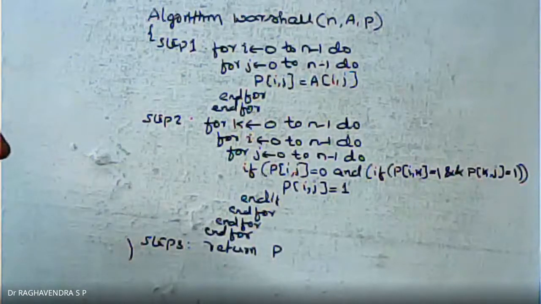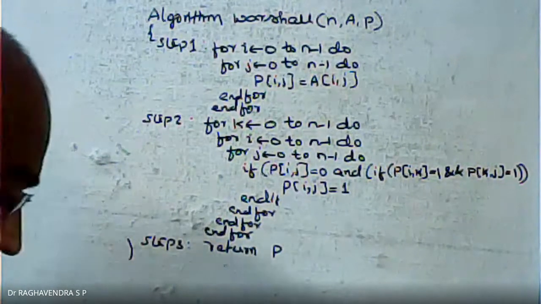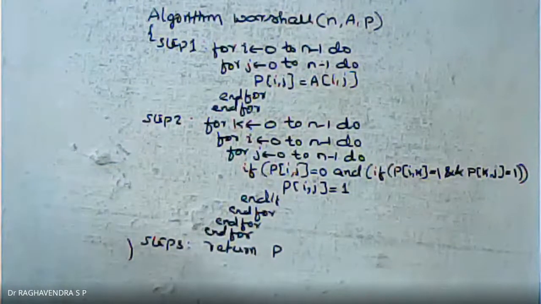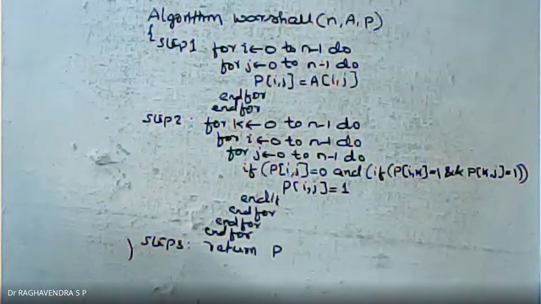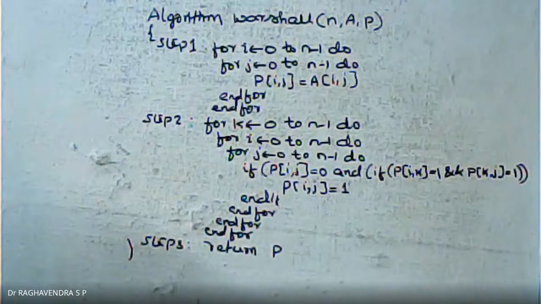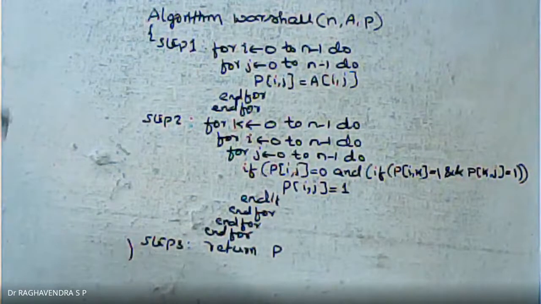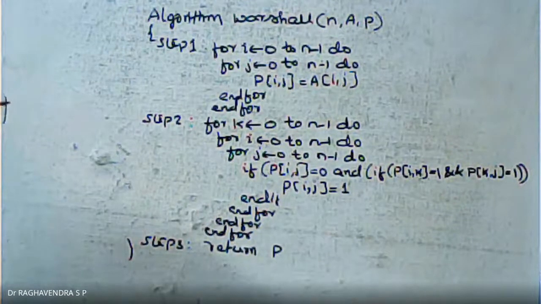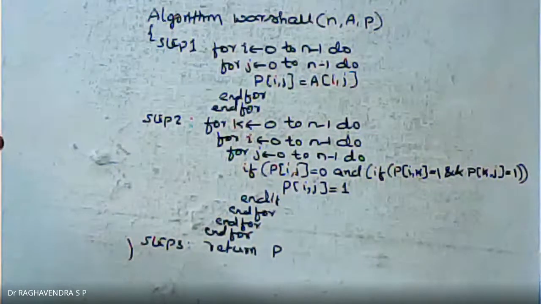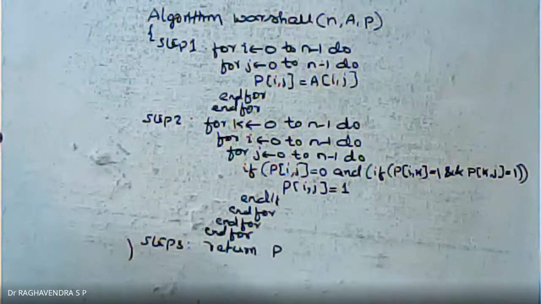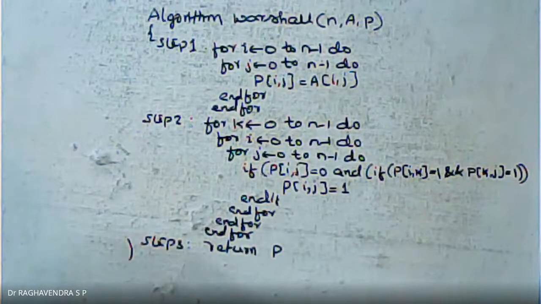Come on, you have to answer quickly. Which is the basic operation? It is repeated the maximum number of times. Whichever is in the innermost loop, that is it. Come on, try.